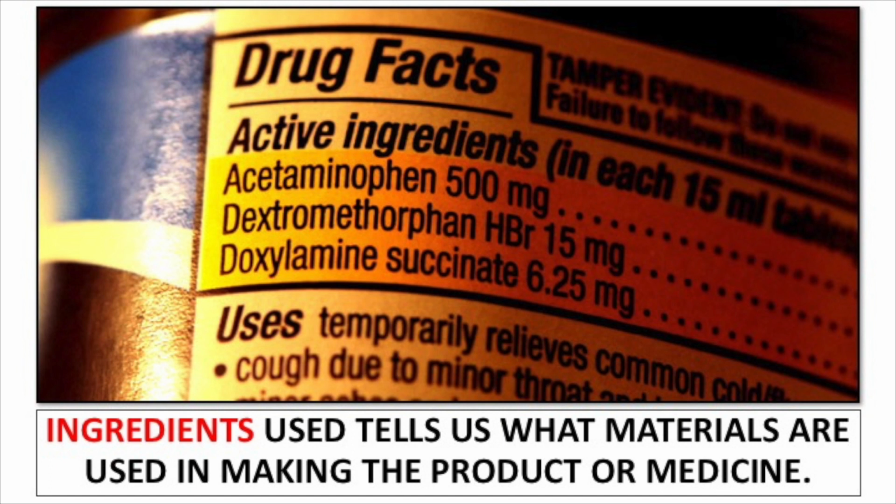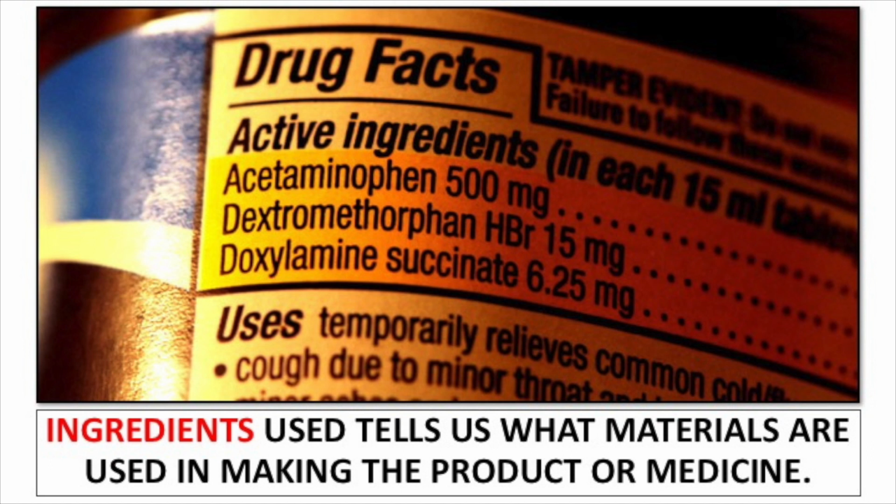Ingredients used tell us what materials are used in making the product or medicine. And with medicines, the names are always very long because they're scientific names. I can't even say these names.